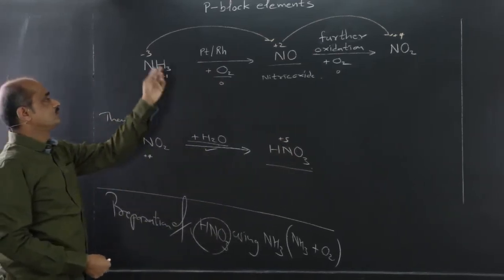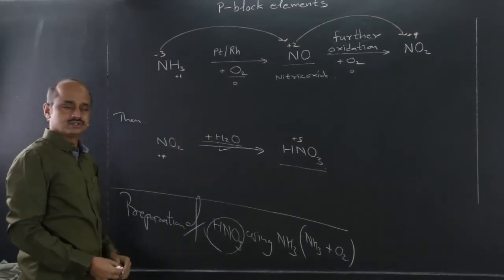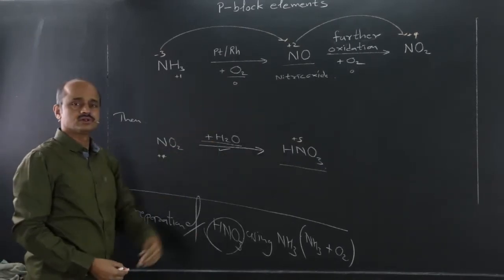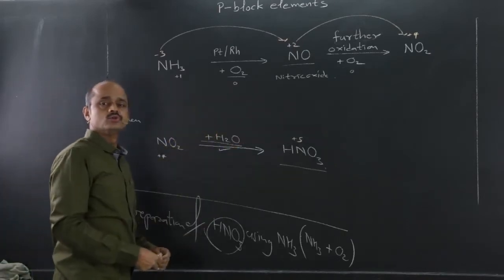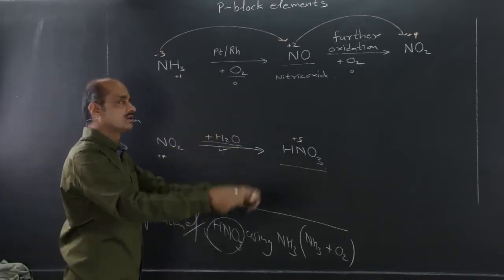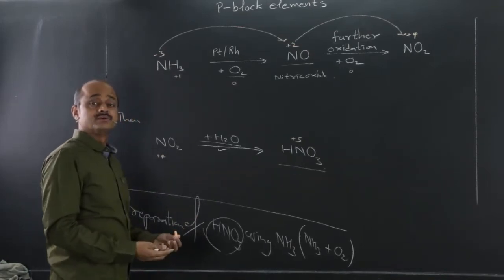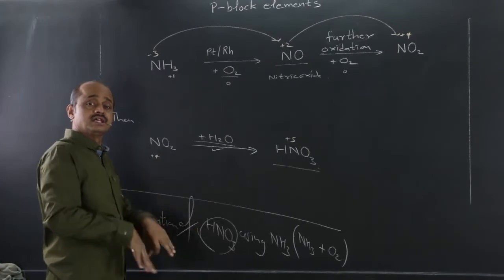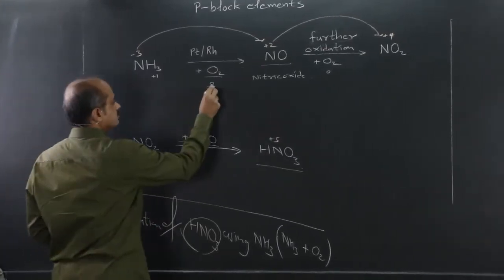So -3 changes to +2, oxidation; +2 changes to +4, oxidation; +4 changes to +5, oxidation. So nitrogen in 3 steps undergoes oxidation, it releases electrons. If nitrogen has released, there should be some species which has gained, captured, accepted, and it is oxygen.